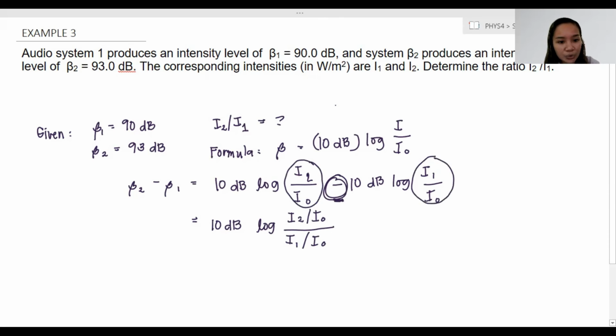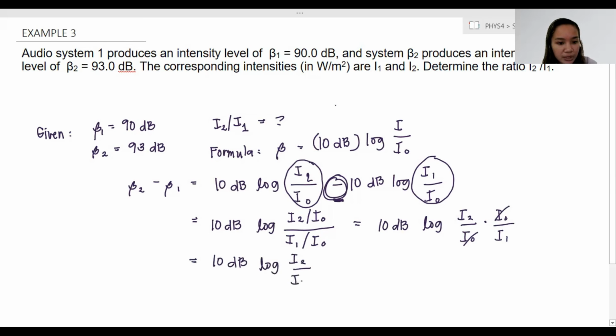That's why it became I2 over I0 divided by I1 over I0. Now expanding this further, this will give us 10 dB log I2 over I0 times the reciprocal, I0 over I1. So this cancels out, and what remains is I2 over I1. So we now have 10 dB log I2 over I1.